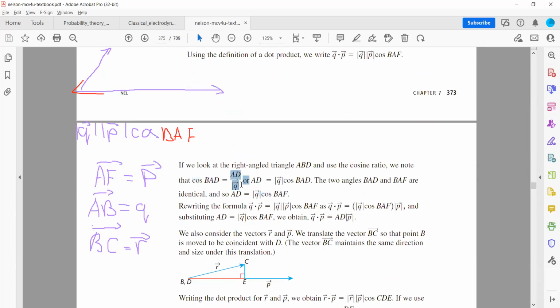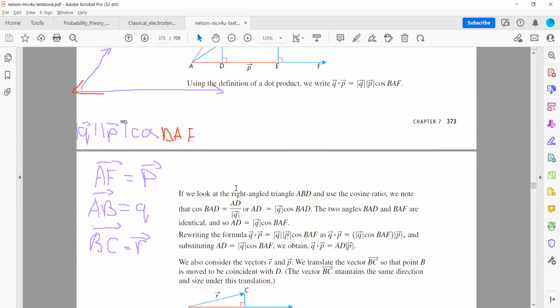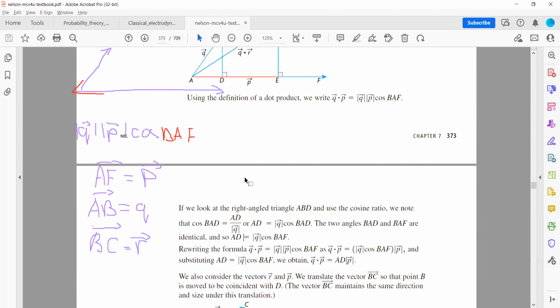Or AD, which is adjacent, would be equal to Q times cosine BAD. The two angles BAD and BAF are identical, and so AD equals Q times cosine BAF. So we can say that angle BAD equals BAF, so we can substitute one for another.